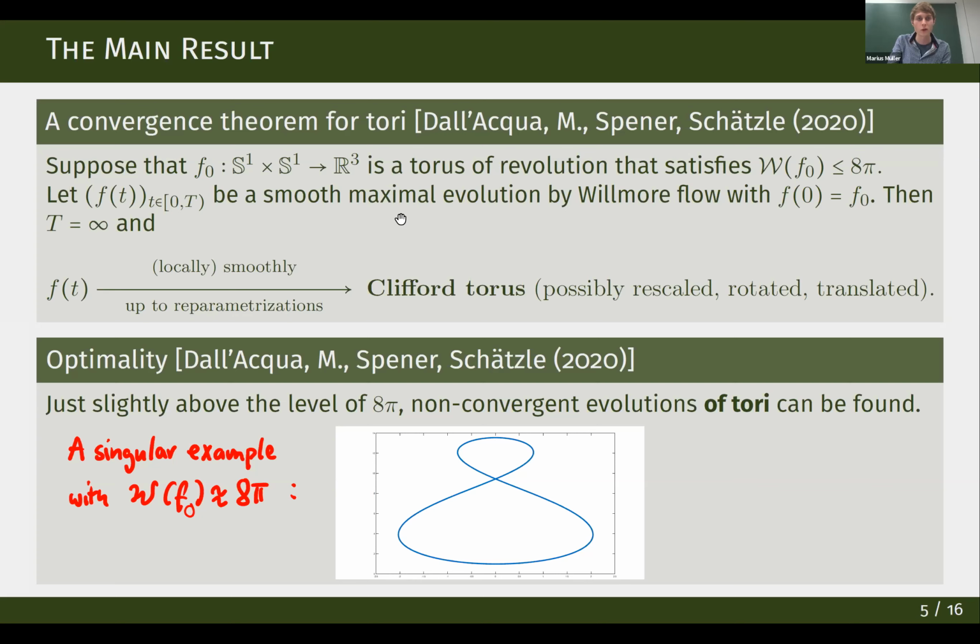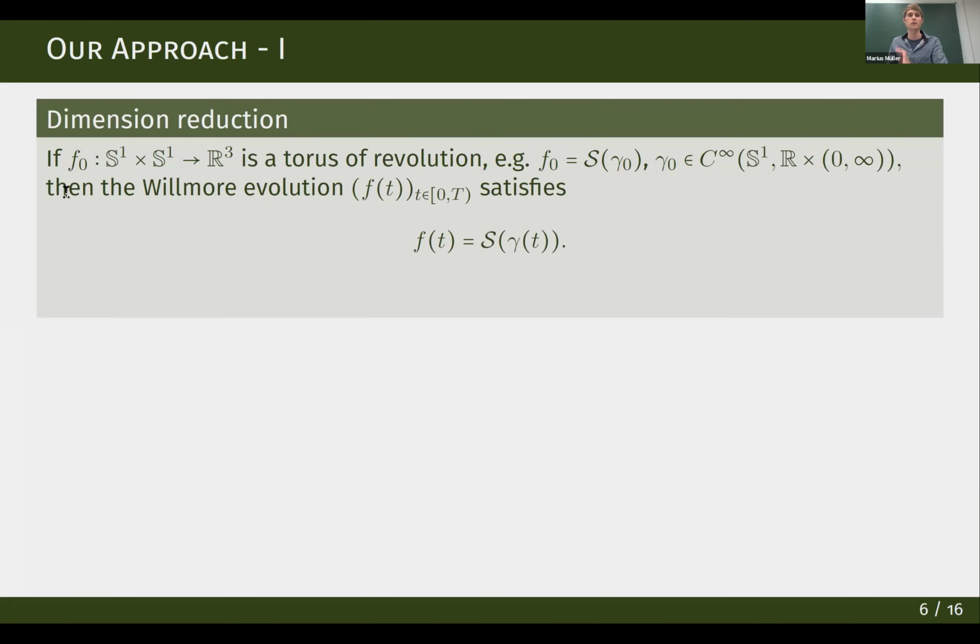And yeah, so let me now tell you a little bit about the proof of the convergence theorem, or just about the approach. Okay, so what was our idea? The first idea one can have is, well, you take this torus of revolution, and then you get a Willmore evolution starting with this torus that preserves the revolution symmetry.